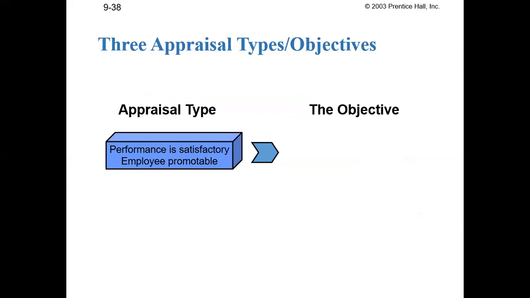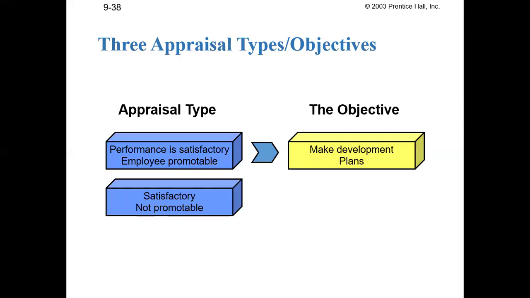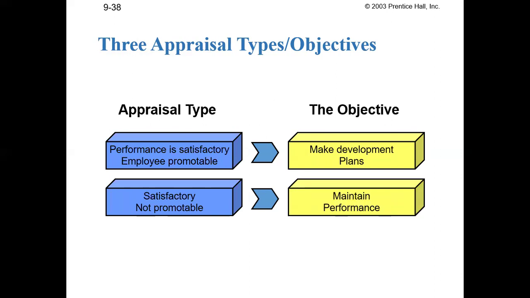So we have three appraisal types or objectives. Appraisal: the performance is satisfactory. We have to make development plans. So if the performance is satisfactory, the recommendation is that the person should make development plans to get to the next stage. If it is satisfactory, not promotable, you maintain performance.